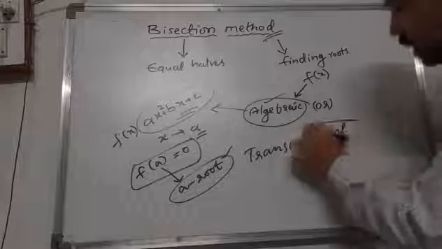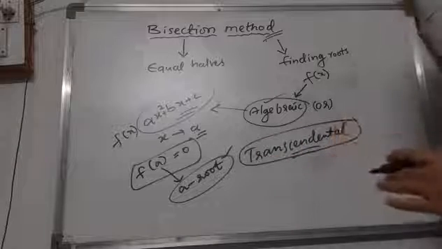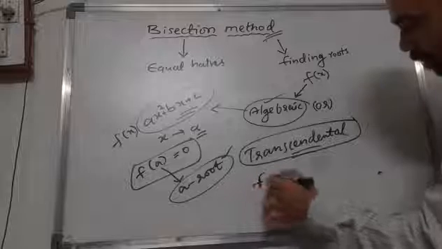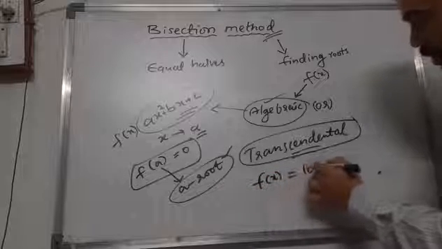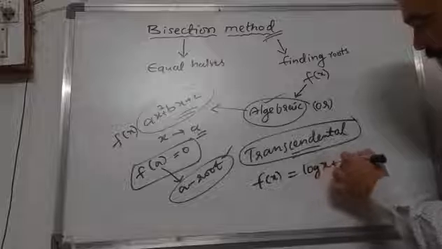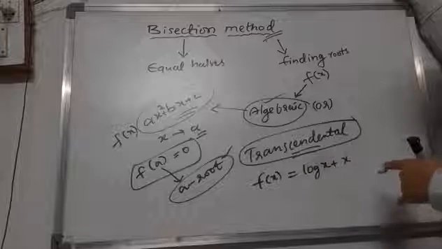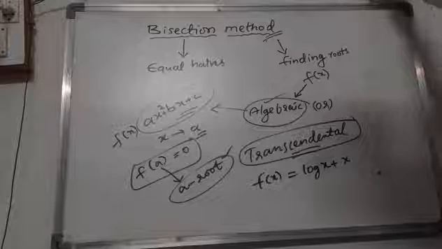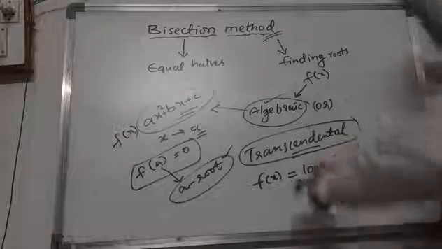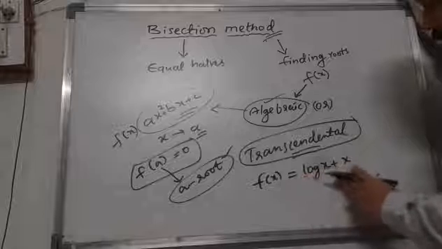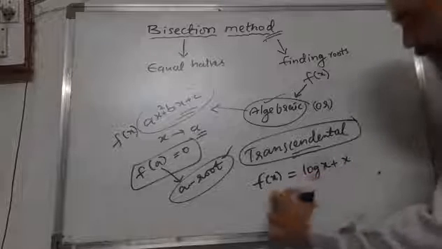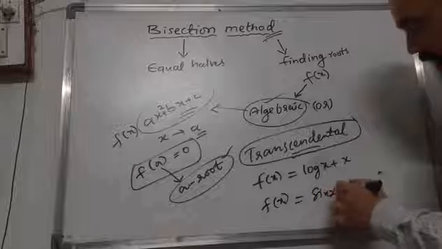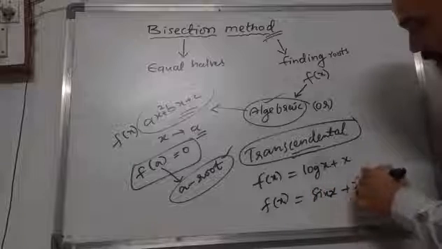And transcendental equation means irregular curves. What are the irregular curves? Suppose the equation is of the form f of x is equal to log x plus x. This is one form. Or f of x is equal to sin x plus x square, some form like this.